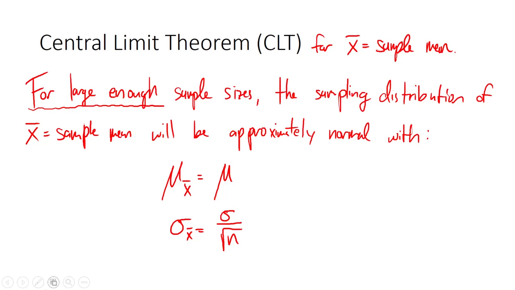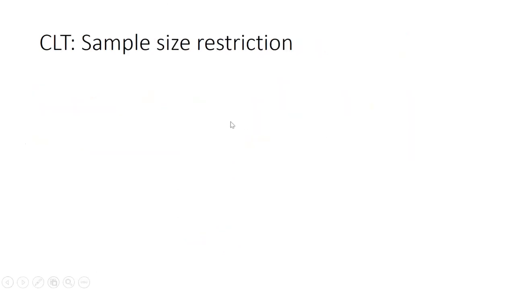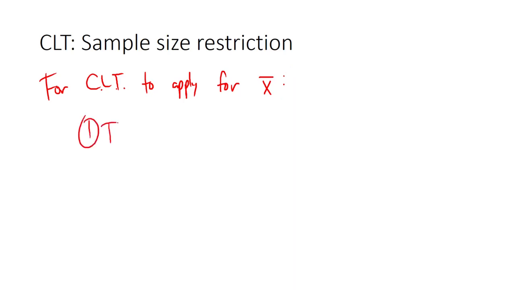So typically speaking, there's a sample size restriction. For the central limit theorem to apply for the sample mean, there's two possibilities. One possibility is you might have a population that's already normally distributed.